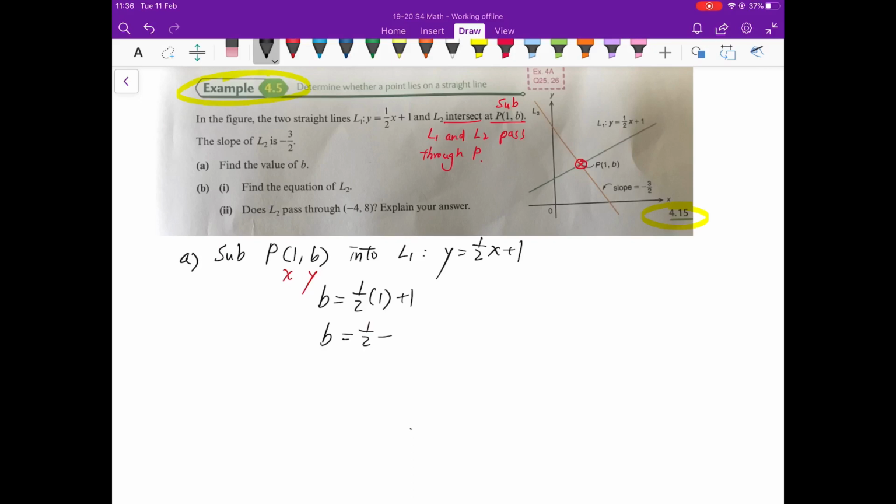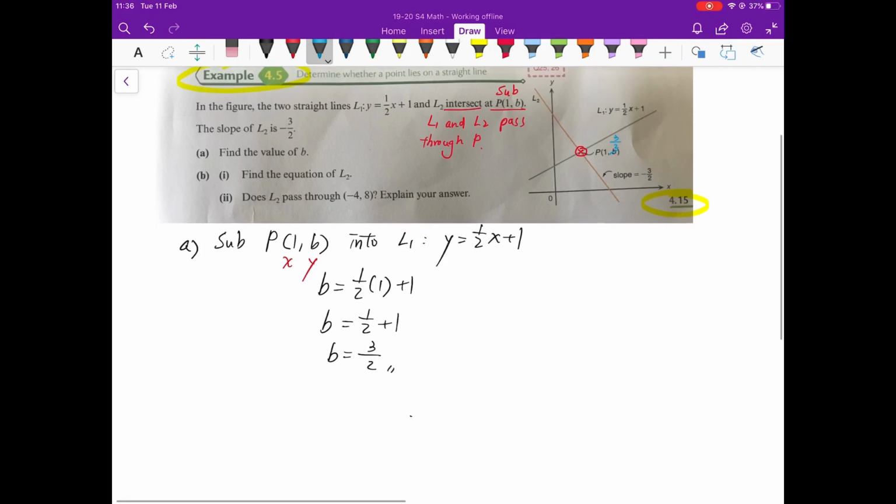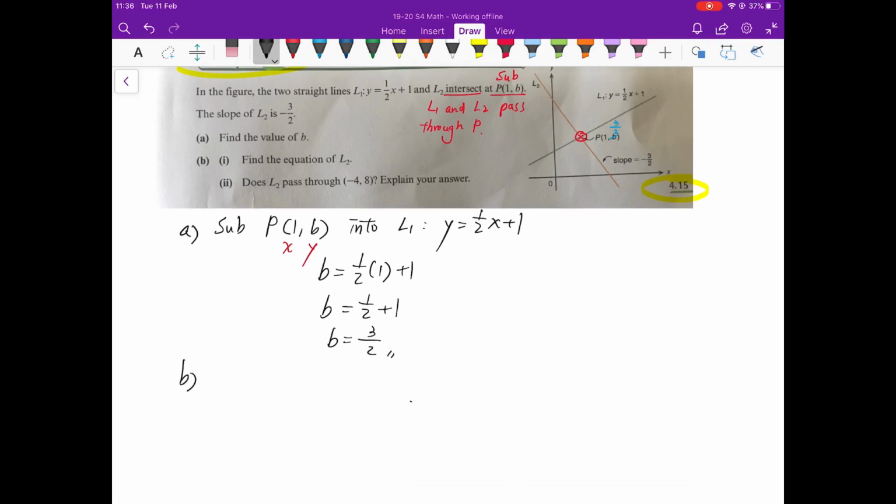And finally, b equals 1 over 2 plus 1, and b is 3 over 2. Then I simply put the value b equals 3 over 2 back into the figure. So I mark down 3 over 2 as b.